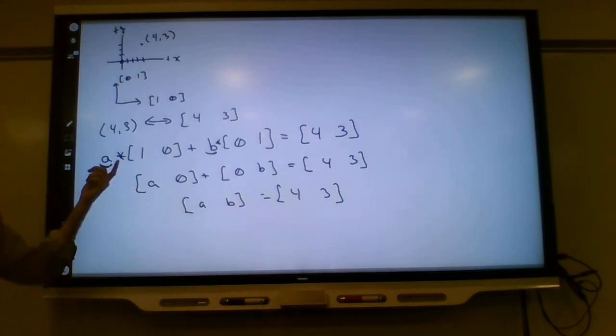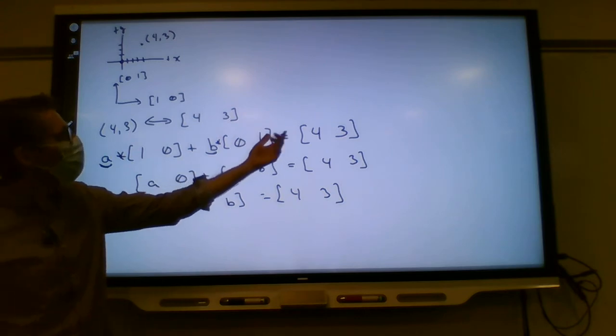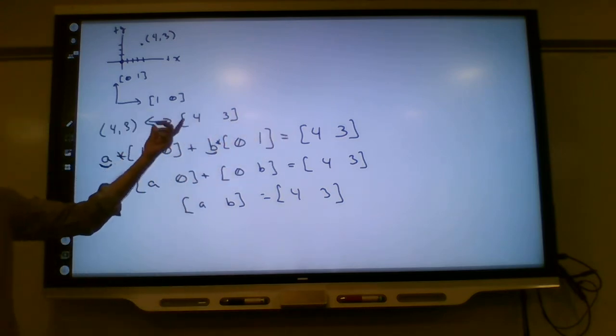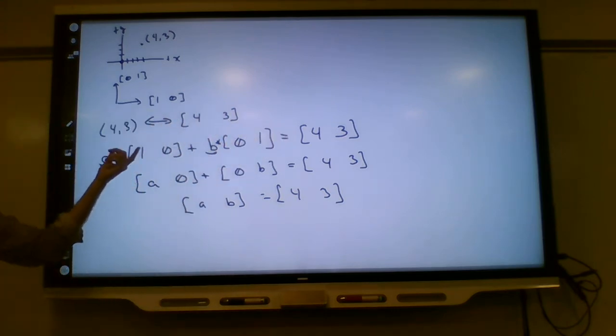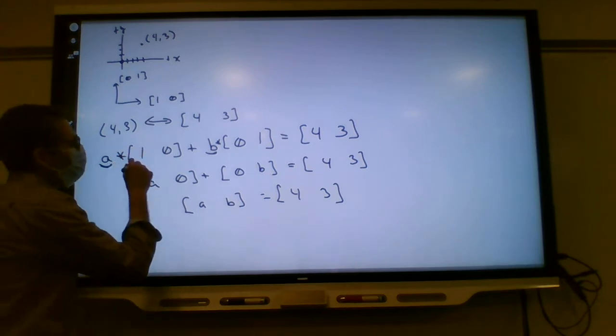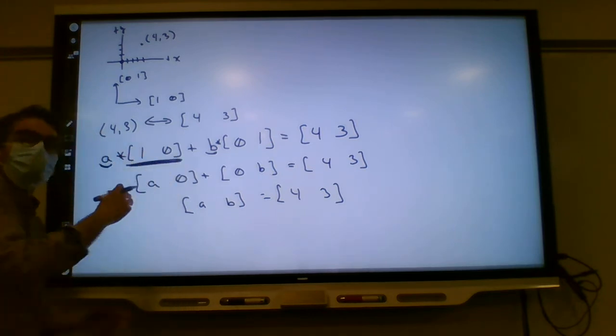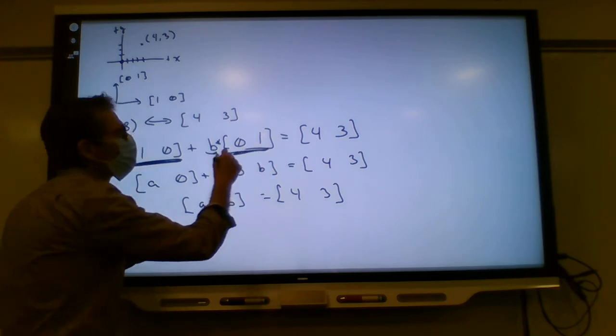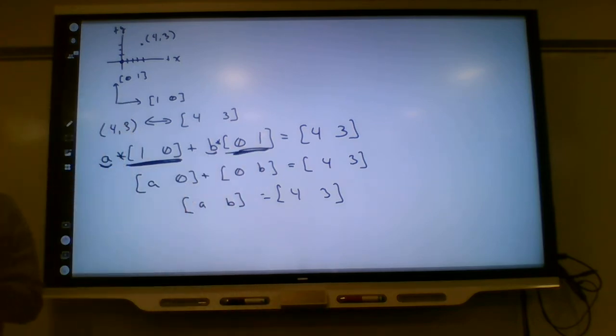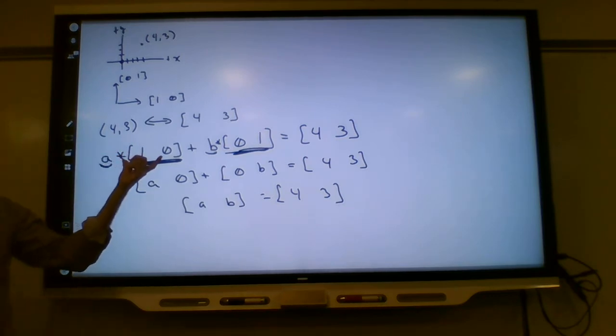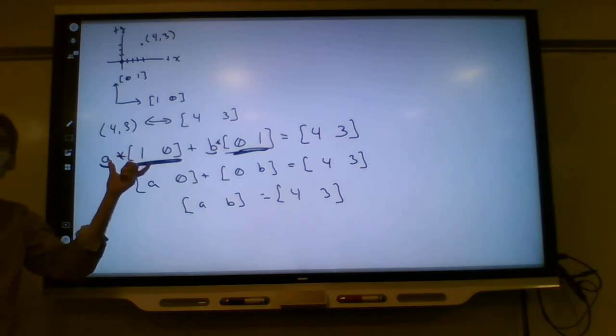And so when we talk about the coordinates of a point in terms of a vector, what we're really thinking of is how much of this is in our answer and how much of this is in our answer. What if the point had been, say, 1.5, 0? Well, we would have needed 1.5 of these.